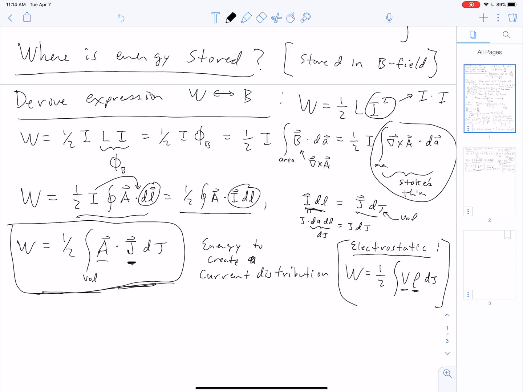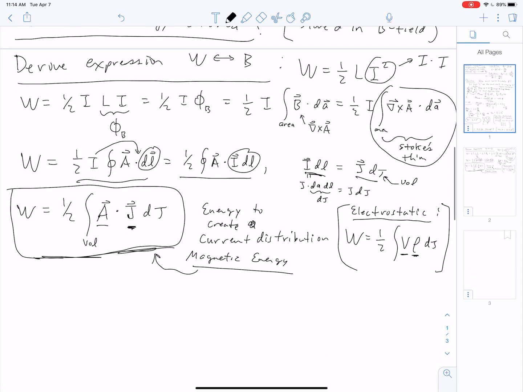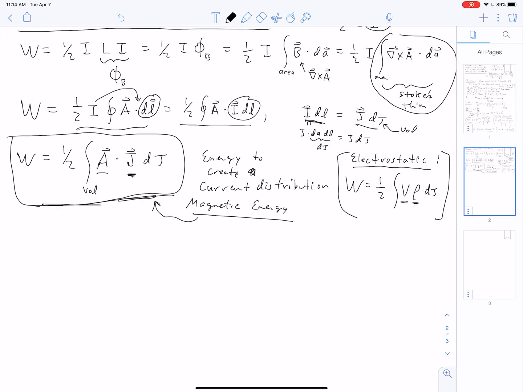Okay, so that's the magnetic energy. We call this magnetic energy, because that energy really is the energy that it takes to create the magnetic field for the current distribution. But we still don't see the magnetic field yet. We got the A in there, but we still haven't got the magnetic field. So let's get the magnetic field in there.